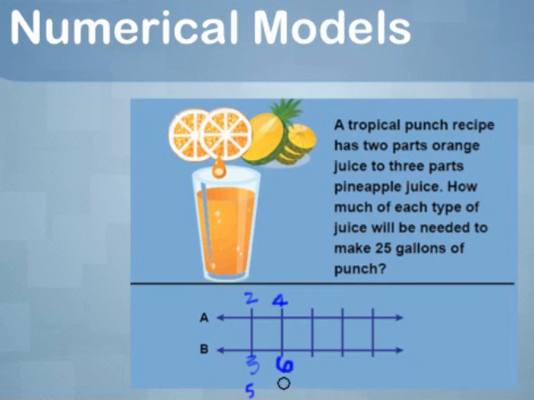The total now is 10. Remember, our goal is to get to 25. The next value on the orange number line is 6, while on the pineapple, it's 9. The total is now 15.